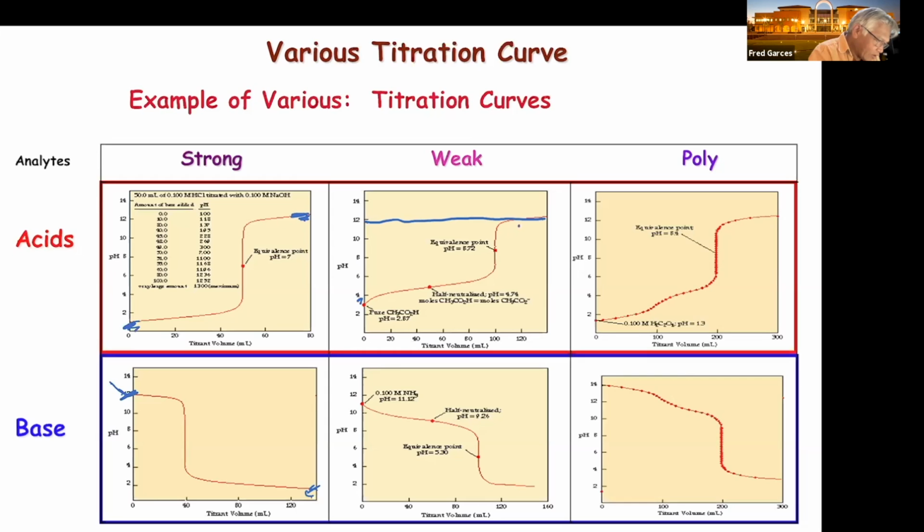And then your starting point of your analyte is way above 1. It's like 2 something. That's a weak acid. So this is a weak acid titrated with a strong base.